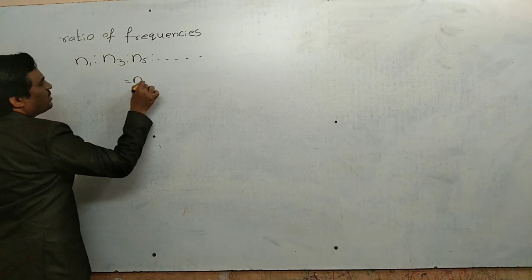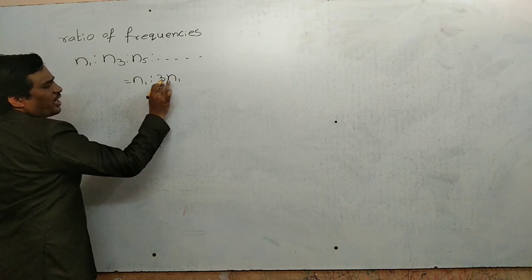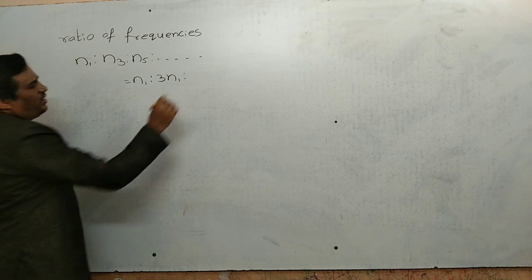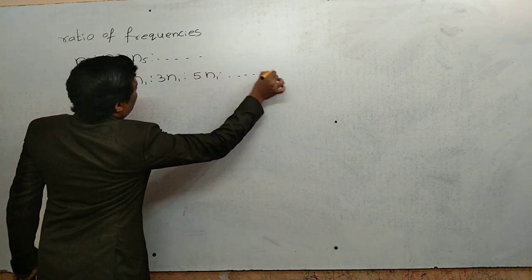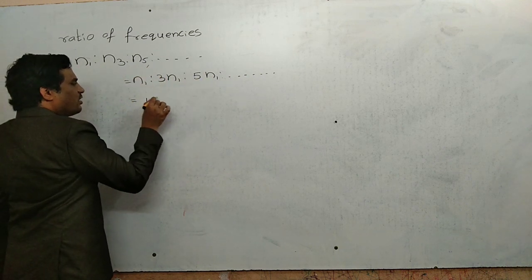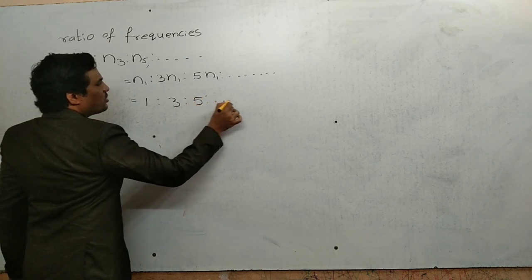N1 is N1 only, N3 is 3 N1, which is 3 times multiple of the first harmonic frequency, and N5 is 5 N1 and so on. N1 gets cancelled, so it is 1 is to 3 is to 5 and so on.